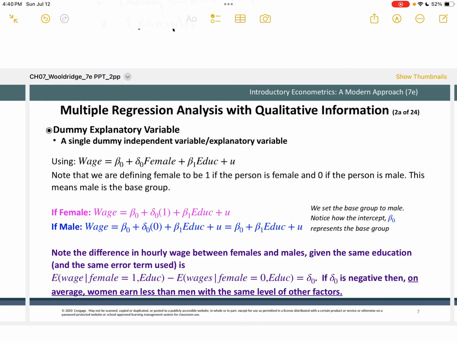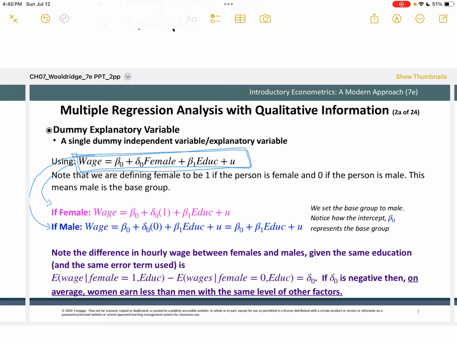And so this is what I just worked on, where I took that econometric model with the female dummy variable and derived the female equation and the male equation. We noticed that the female intercept was beta 0 plus delta 0 and the male intercept was just beta 0, and the difference in the intercepts was delta 0.